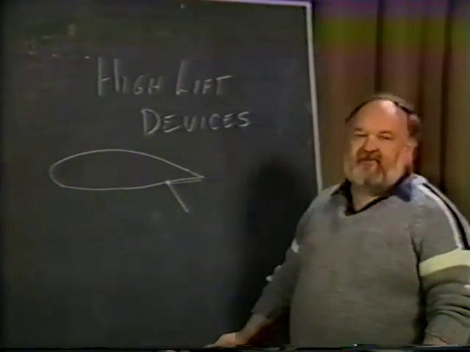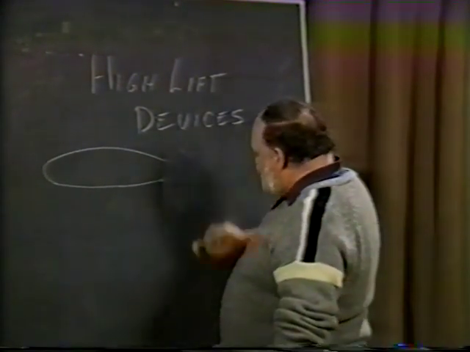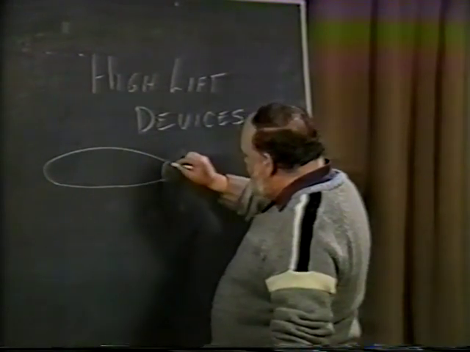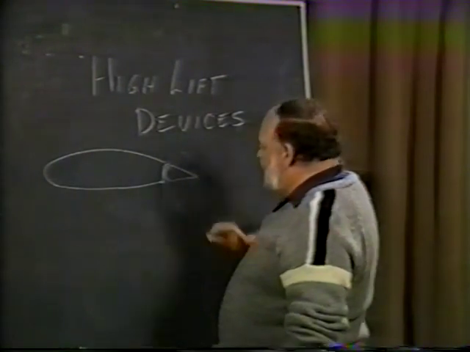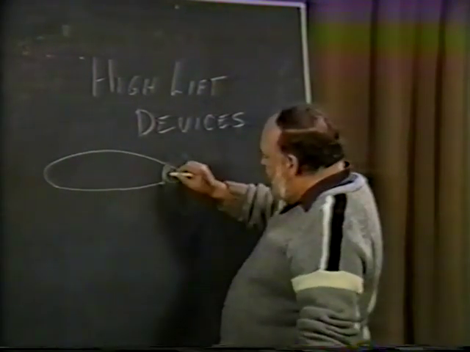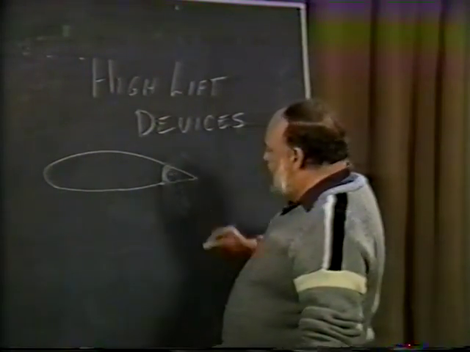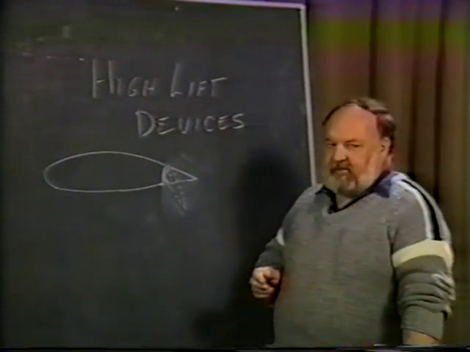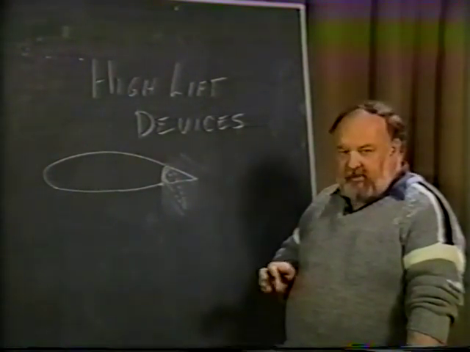A second type of flap is called a plain flap. This is one where basically you have nothing more than a hinged trailing edge similar to an aileron. It pivots and deflects downward. A plain flap is a little bit more effective than a split flap, but not that much more.